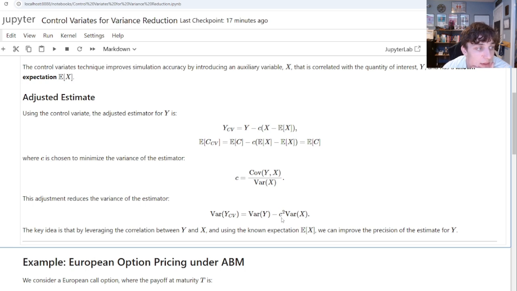But you'll notice that if you substitute this quantity in here, the more that the two quantities are related, the more variance reduction you will achieve. So in other words, the more valuable the information is of x within each run of your simulation, the fewer simulations you have to run to achieve similar precision.